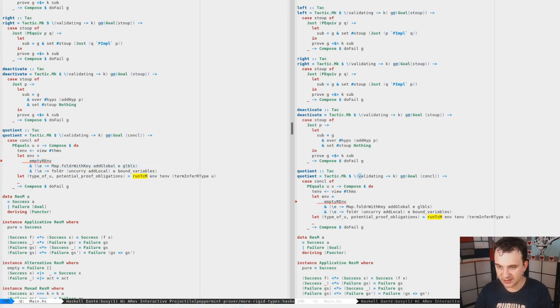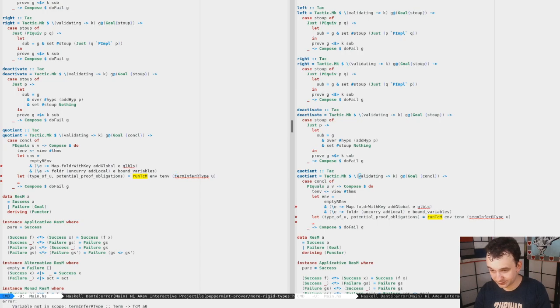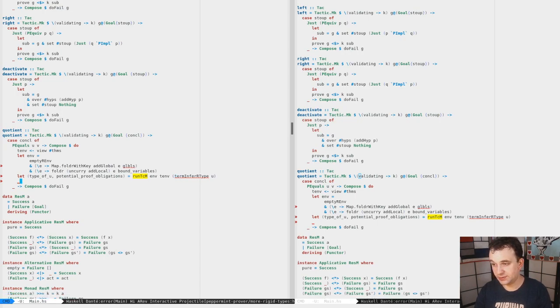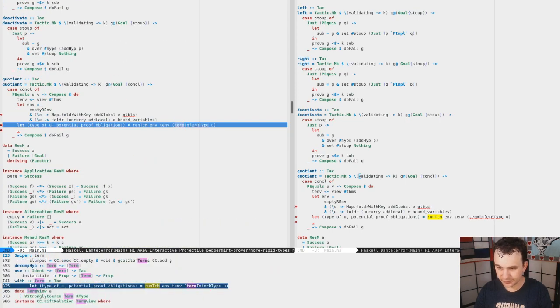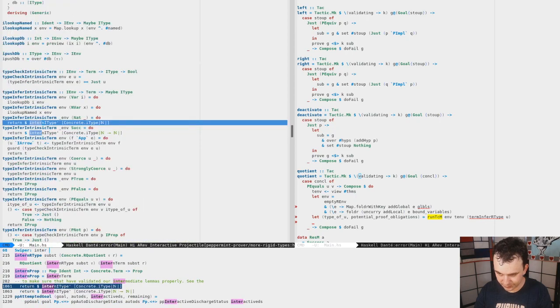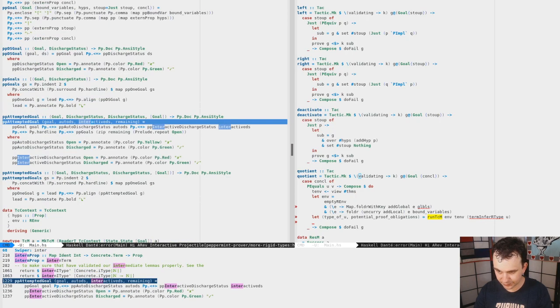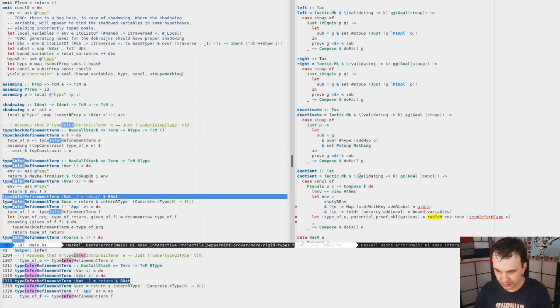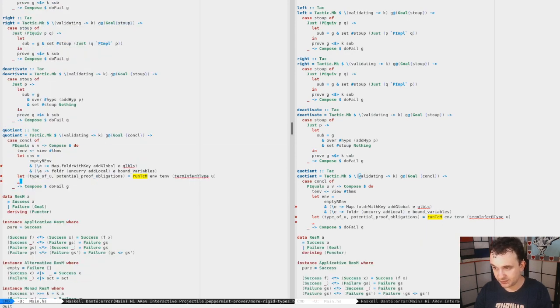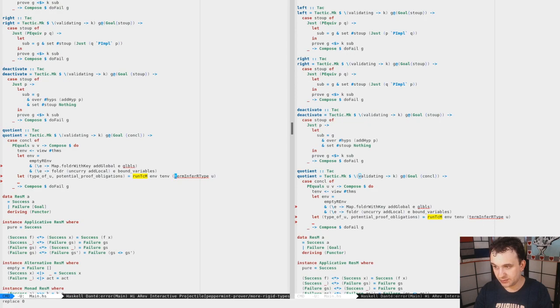I hate this. No, it's not. Type in for refinement term.